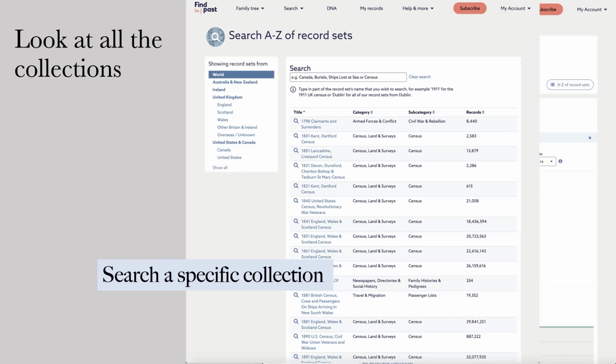So, for example, you can find a transcript of a parish register on Findmypast, but you may not be able to see the original record because it's owned by the parish, and they want to license and use the images to make some money off of the records.